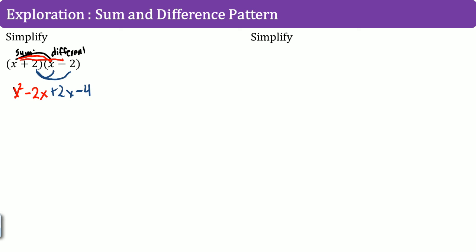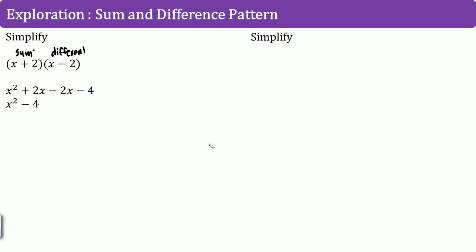You should notice that the inside stuff here cancels out. Negative 2x plus 2x becomes 0x. Bring everything else down. We technically don't write 0x. So this is how it looks after I clean it up.